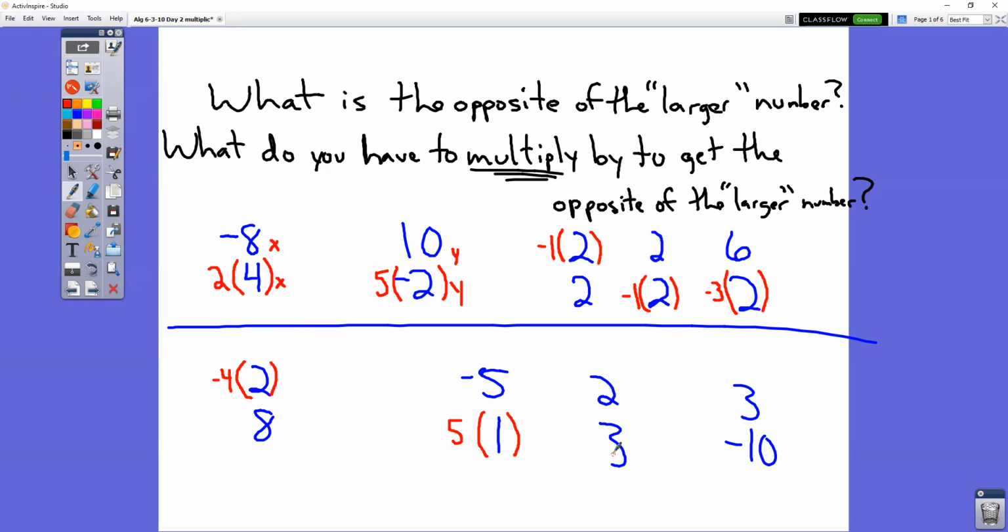Well, here, 2 does not go into 3 evenly. So what we have to do sometimes is multiply both of the numbers together. 2 times 3 is 6. To get a +6 here, I'd have to multiply by 3. To get a -6 here, I'd have to multiply by -2. That way we end up with our opposites.